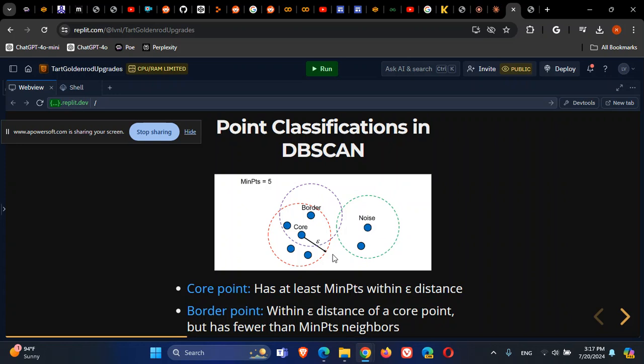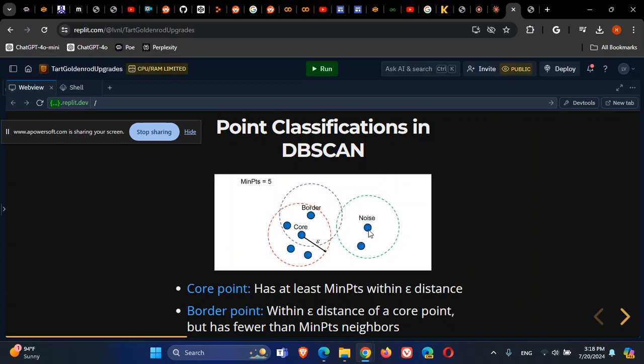There are no min points in the radius of epsilon around that point, and it's also not a border point because there is no core point in radius epsilon from that point. You can check. Therefore, a point which is not a core point and not a border point is called a noise point. So this is a noise point. So we have a core point, a border point, and a noise point.